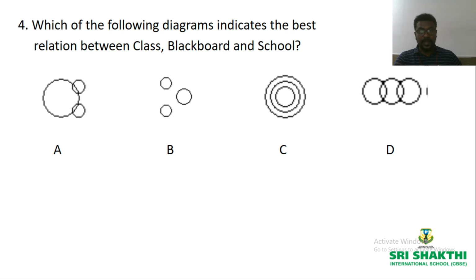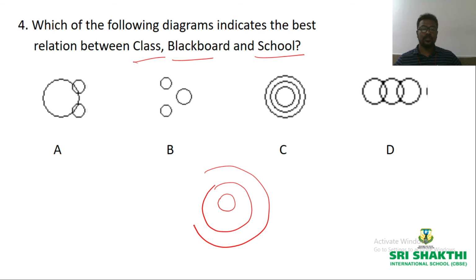Which of the following diagrams indicates the best relation between class, blackboard, and school? If we talk about these three things which are related to our school life, we have seen blackboards inside our classes, and classes will be inside the schools.